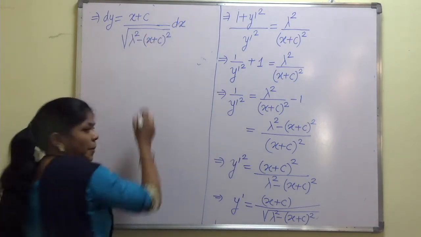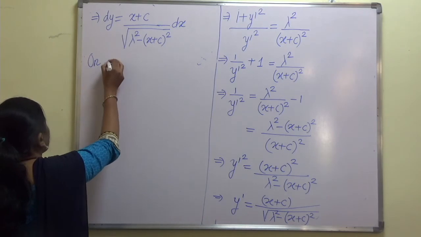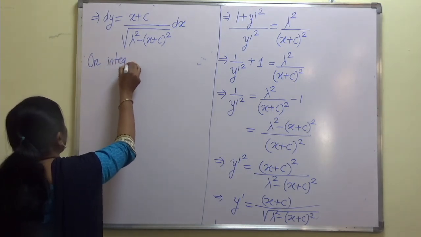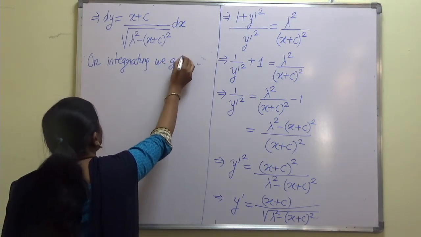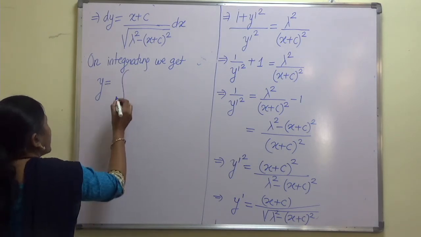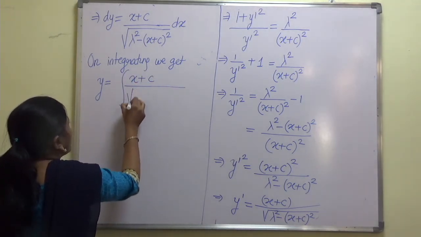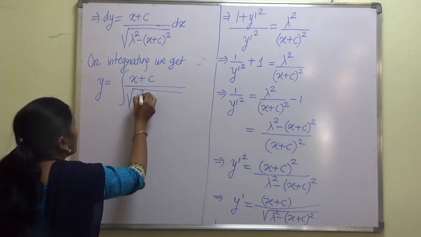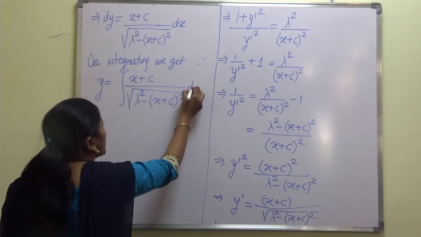Now this is a variable separable form. So just by integrating we get the answer. So in integrating we get integration of 1 with respect to y and then integration of (x plus c) upon square root of lambda square minus (x plus c) whole square.